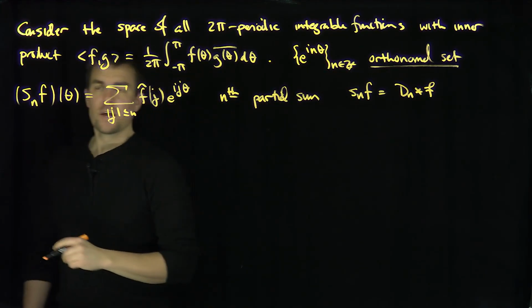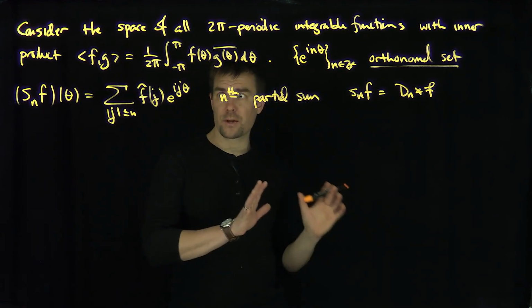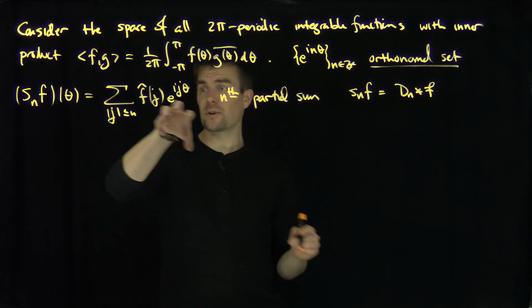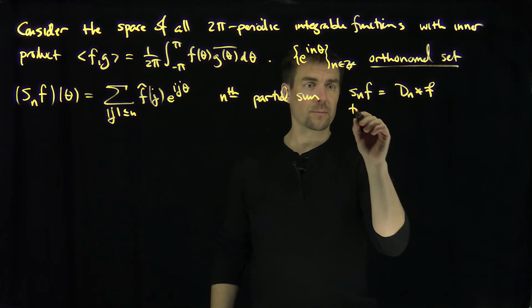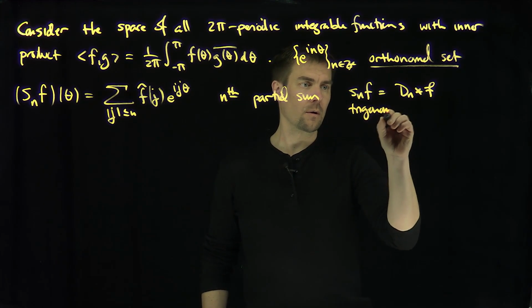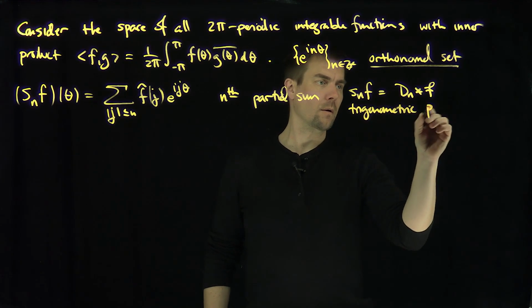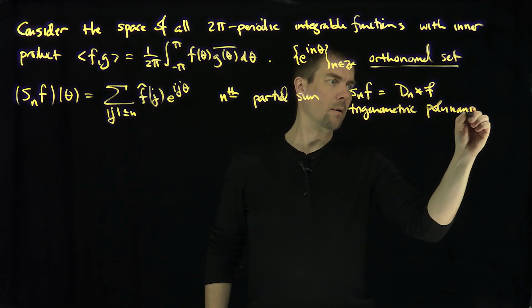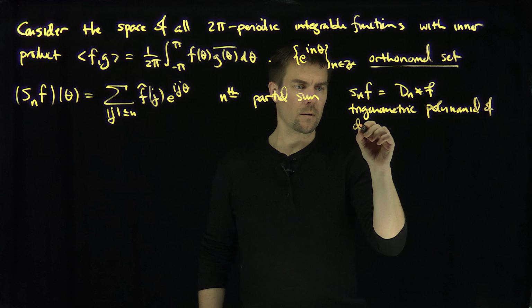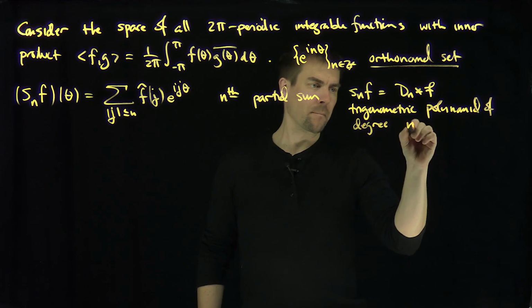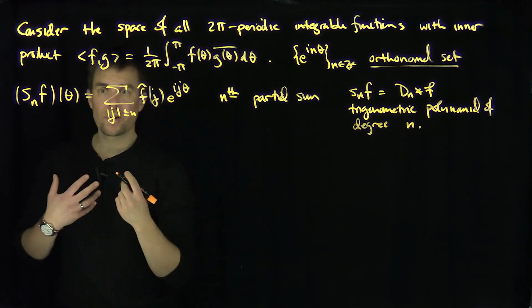Okay? And so what I'd like to do now is think of this from the perspective that this is a trigonometric polynomial of degree n. And so in particular, what can I say?